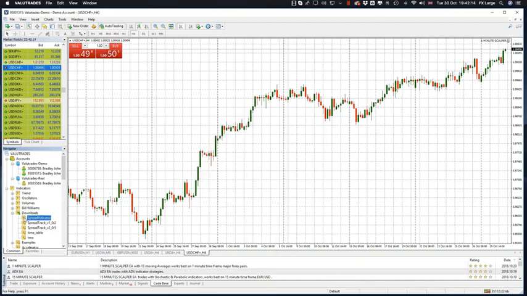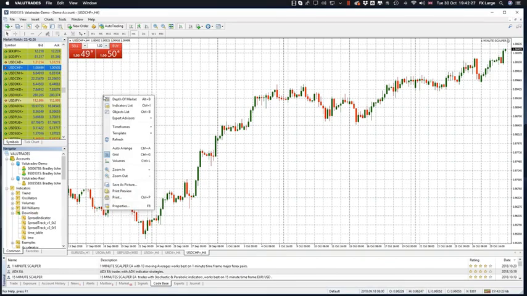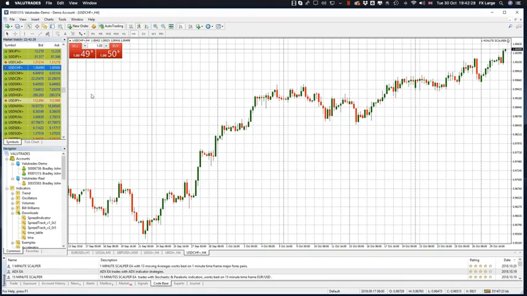So I can simply drag onto a chart an indicator. Okay, sorry, Spread Indicator does not seem to be working at this moment. I apologize for that.